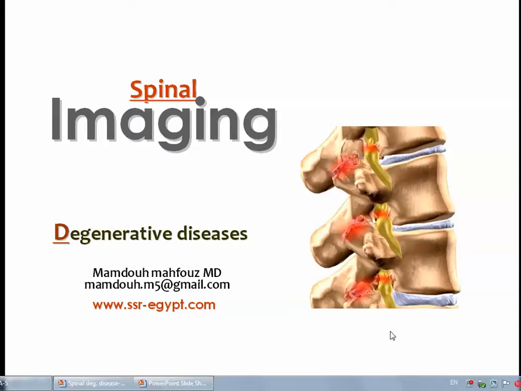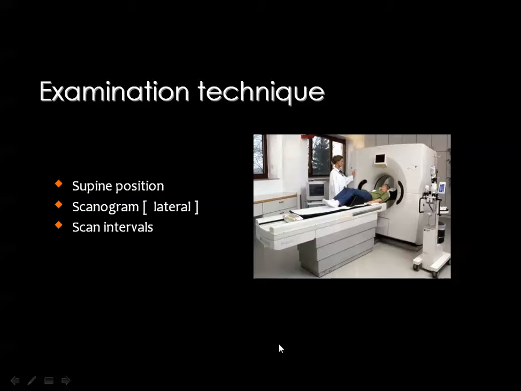Part 1 and part 2 will be after that. You know that the degenerative diseases of the spine are also known as spondylosis or spondylodegenerative diseases that can be evaluated by the plain X-ray, the CT scan, and the MRI.